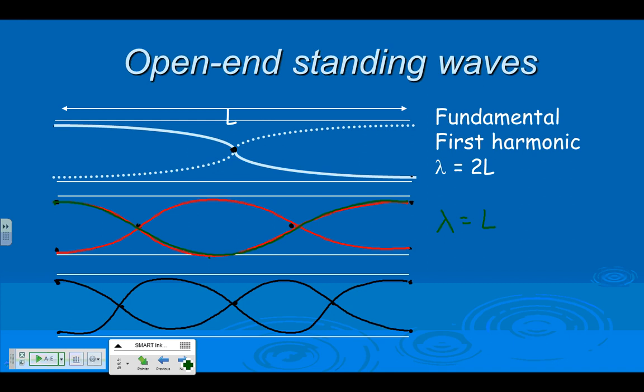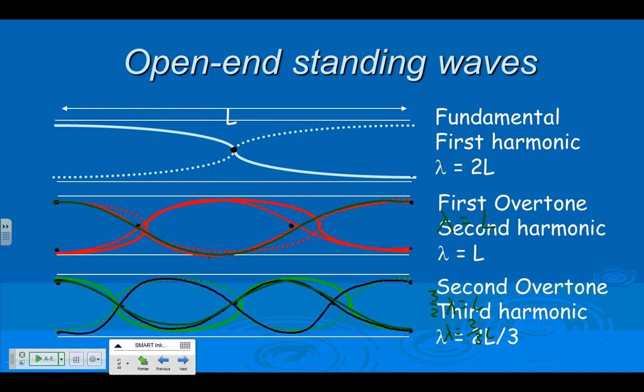How many waves do we have here? 1.5 waves, or 3/2 waves, equals L. So the wavelength is 2/3L. They're the exact same as the fixed end. So open and fixed are the exact same relationships here.